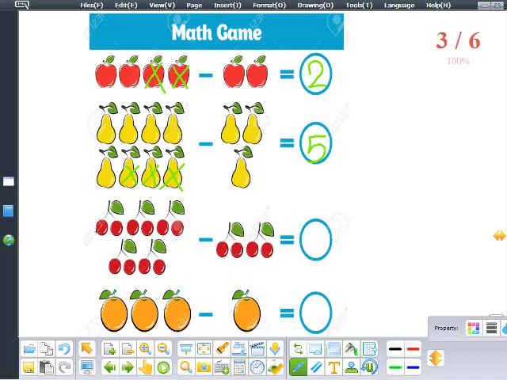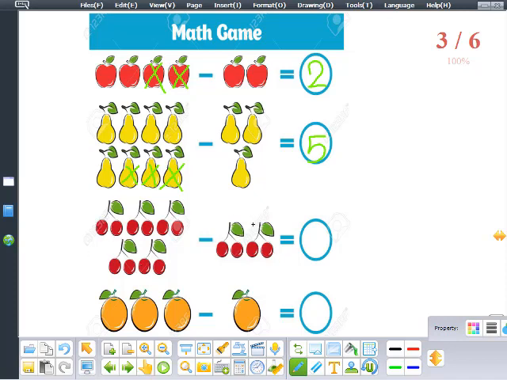Well, look at the cherries. Here we have some cherries. 1, 2, 3, 4, 5. How many cherries are here? They are 5. We count it by this one, not one by one. Here we have 5.